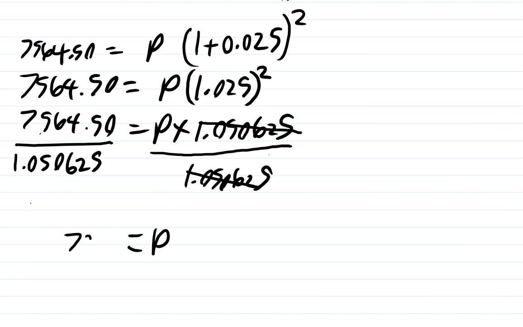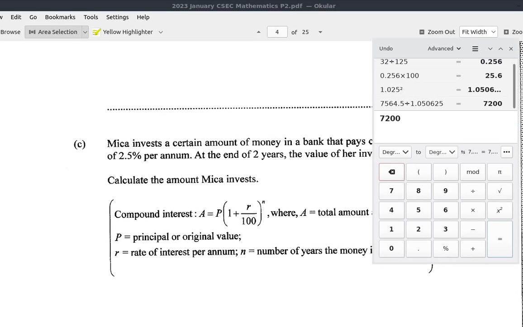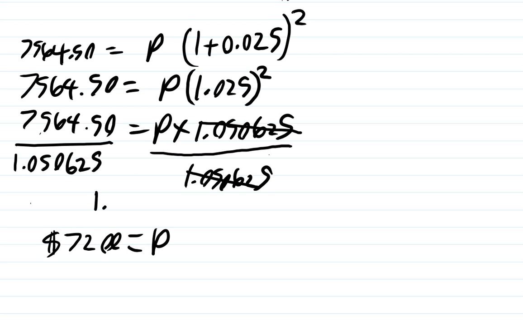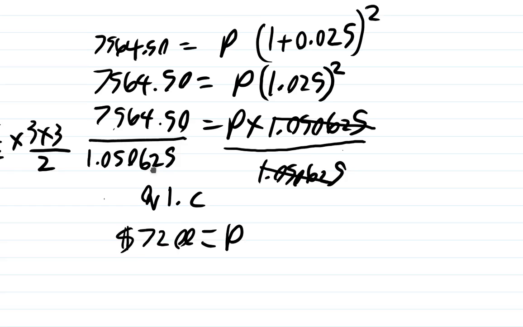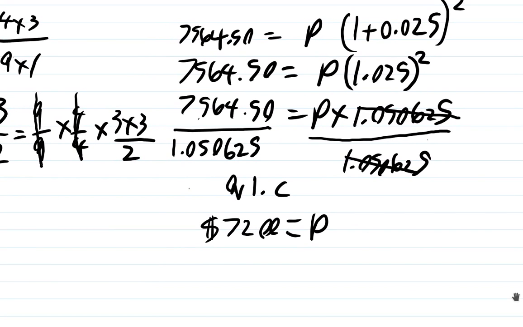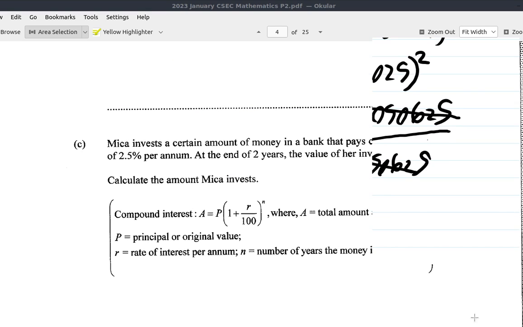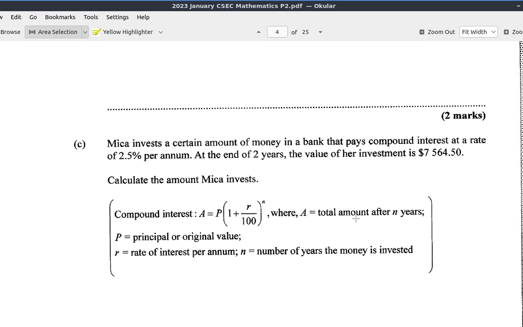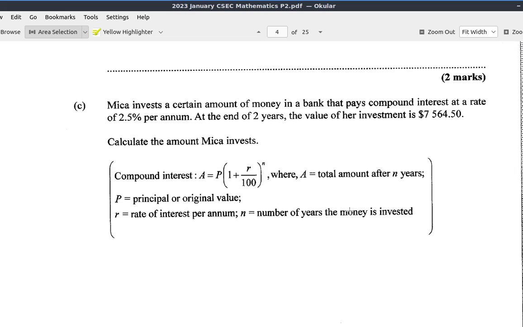So that's 7,200. So there you go for part C. Question 1, part C. That is 7,200. So the value of the investment would be 7,200.